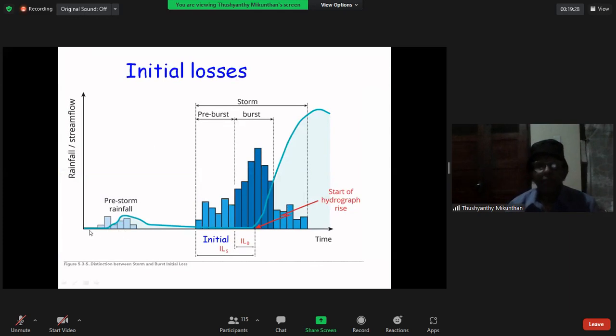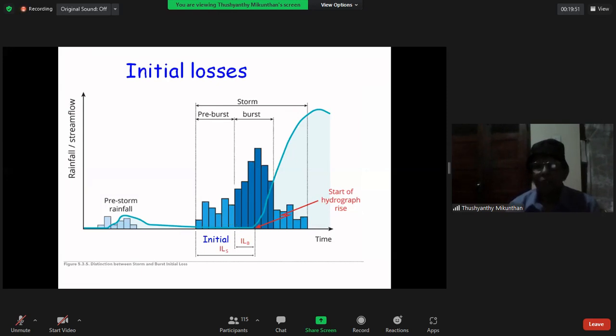Here see rainfall and stream flow, both are on the one axis. Flow is something like this blue color graph. Then rainfall. Here you see the start of the hydrograph rise.